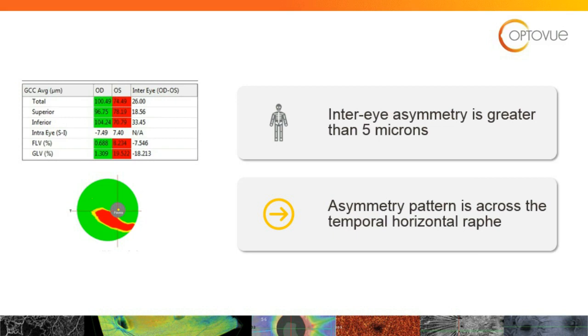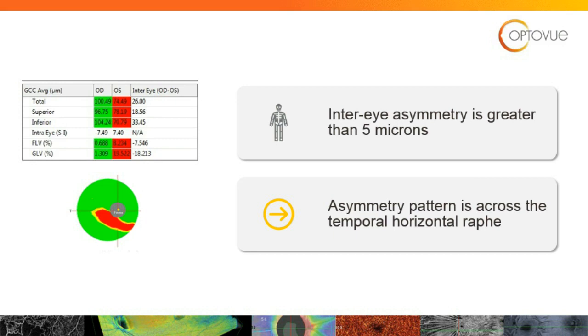We can see that the total thickness in the right eye is 100.49, and the left eye is 74.49. That is an inter-eye difference of 26. So if you're getting an inter-eye asymmetry greater than 5 microns, that should raise a red flag. In this particular case, we're getting 26.